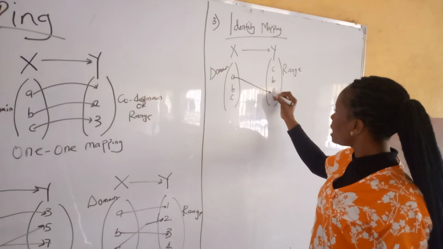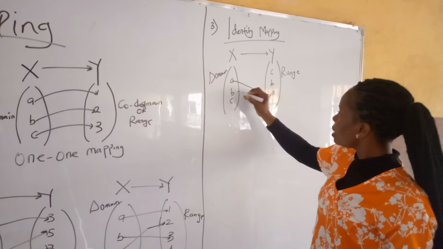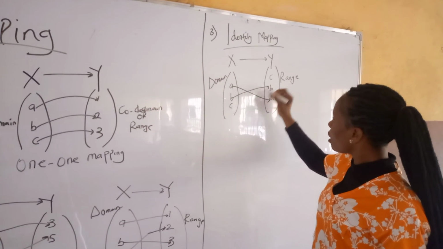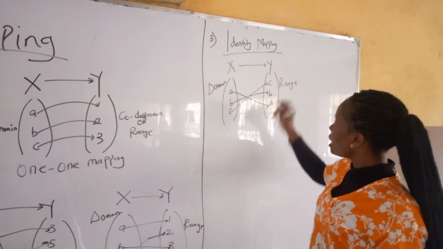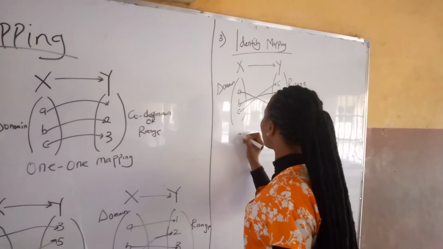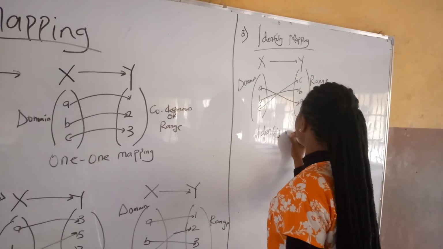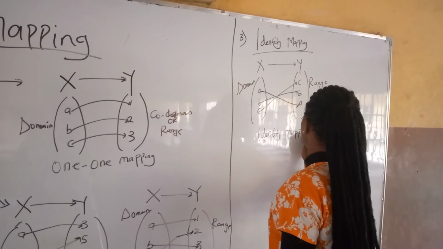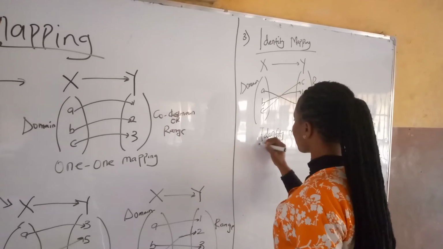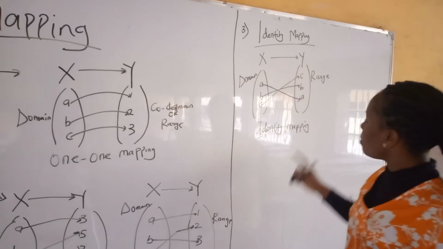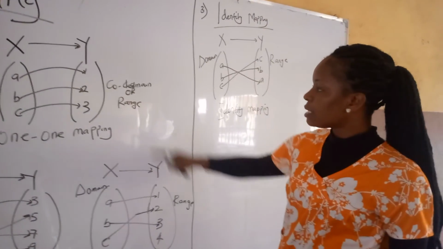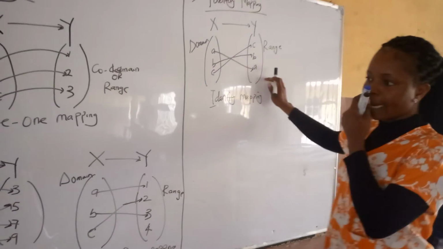This is what this means. Every time you see this kind of mapping, this is the type of mapping that we call identity mapping. This is an identity mapping, and this is not an identity mapping.